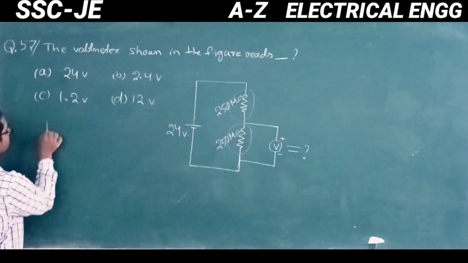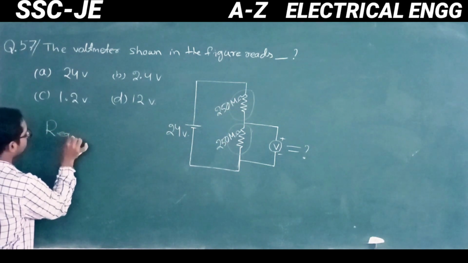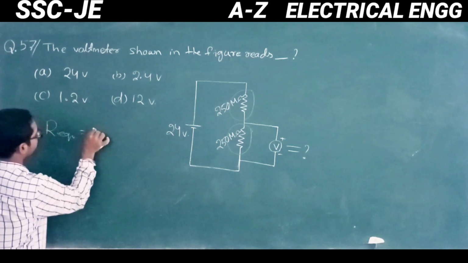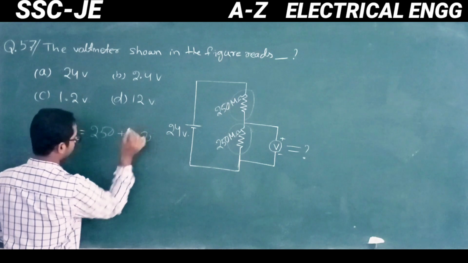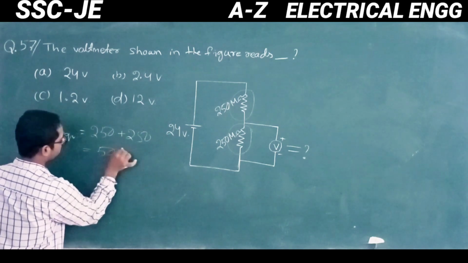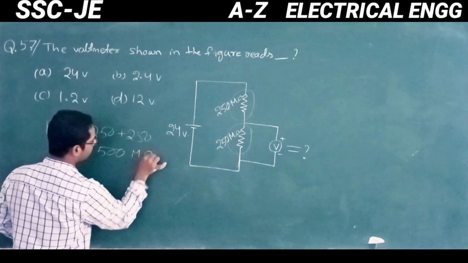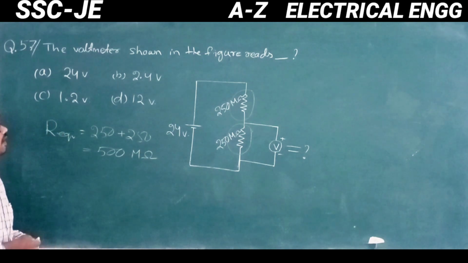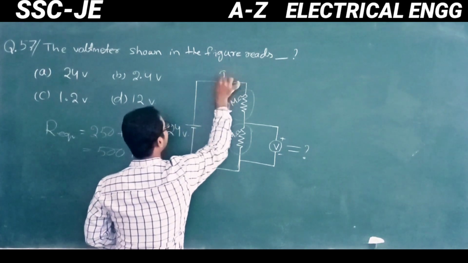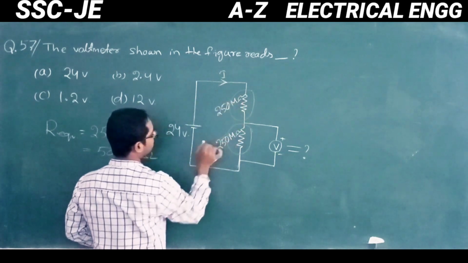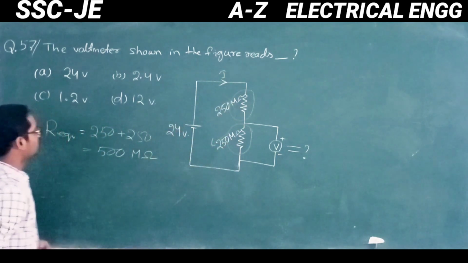So find out the equivalent resistance. R equivalent will be 250 plus 250, which is 500 micro ohm. Okay, and if we find out the current in the circuit, the same current will flow in the two resistances.